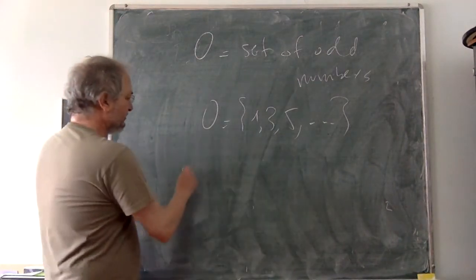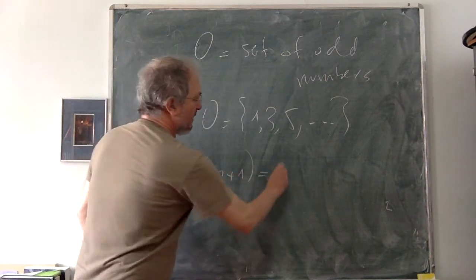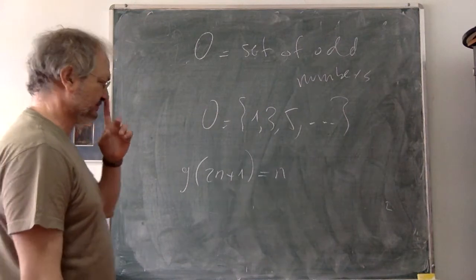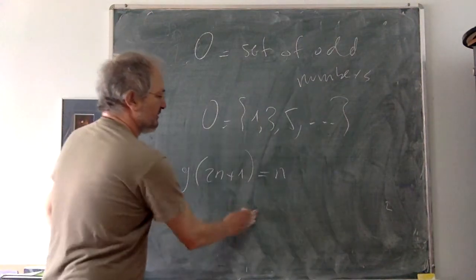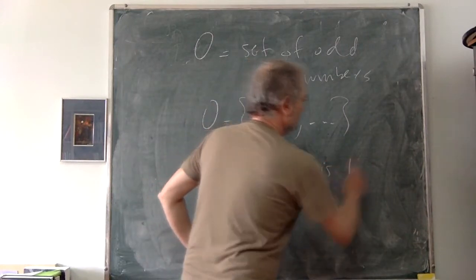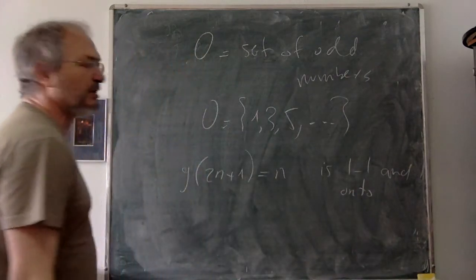So I'm going to need to get to all instances of the problem from the earlier instances. Well, here's a function: from 2n plus 1, map it to n. Okay. This is 1 to 1 and onto.